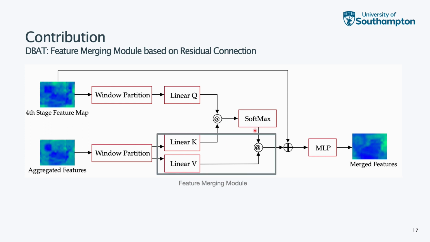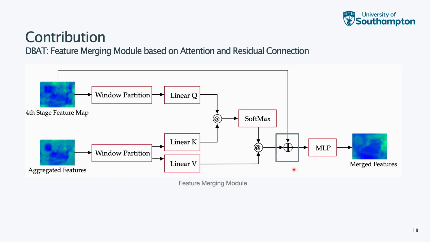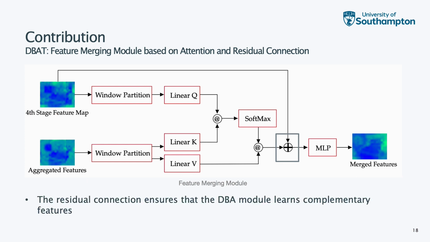The attention weights look for information in the output from the value matrix V, which is processed from the aggregated features. With the residual connection here, the useful information from the aggregated features is injected into map 4, which ensures that the DBA module learns complementary features.